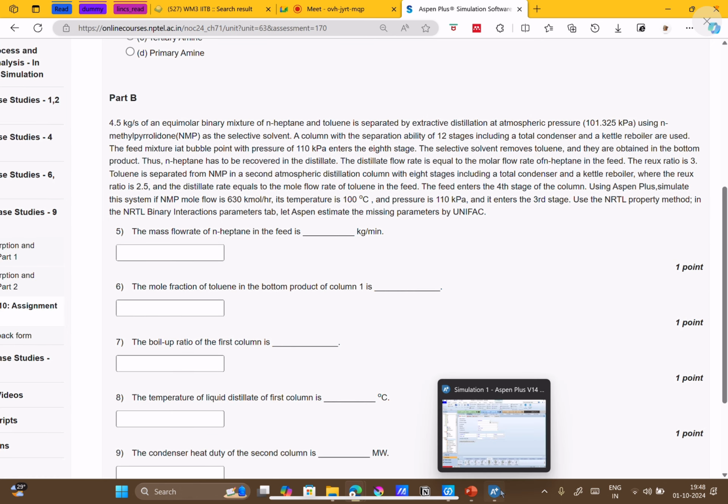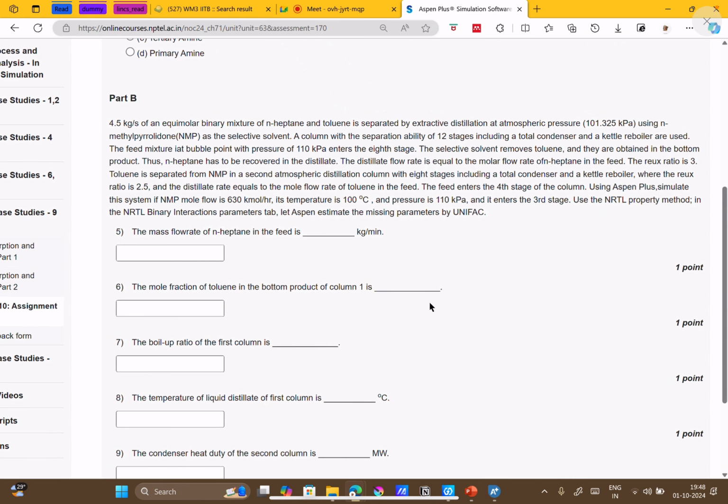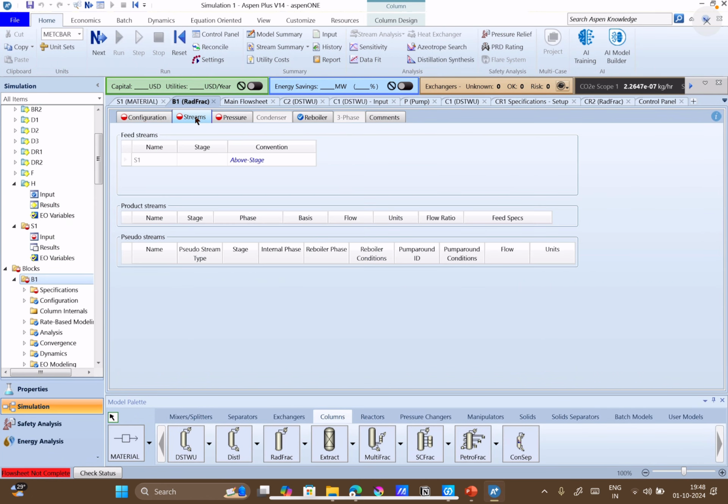Since we have to use a location, you have number of stages given, condenser and reboiler type given, distillate to feed ratio is given, right? Distillate flow rate is given. 8 stages are obtained above the bottom. Reflux ratio is provided. So I guess all the data is there. Stream location you can know.